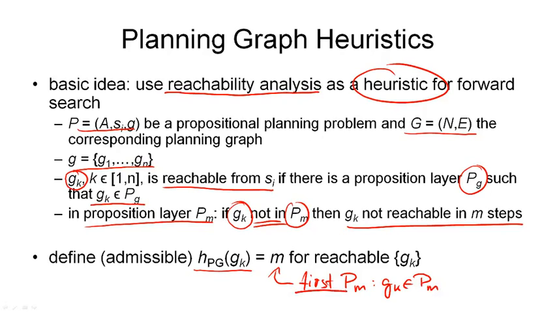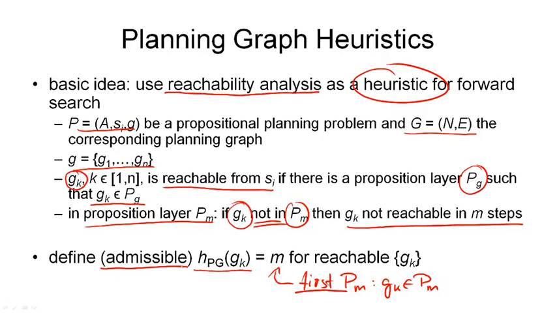Note that we have to choose the first such layer here. So we know that in Pm-1, gk is not contained, so it cannot be reachable. But in Pm it is contained, so in theory it may be possible to reach the goal condition gk in m steps. So we can use that as a heuristic, and because this is minimal, because we've used the first layer, it is actually an admissible heuristic for this goal condition.